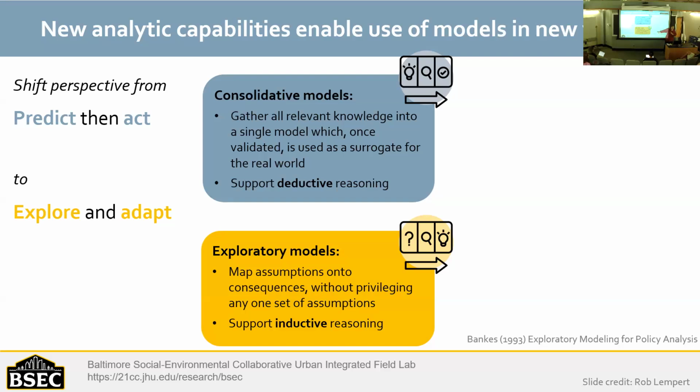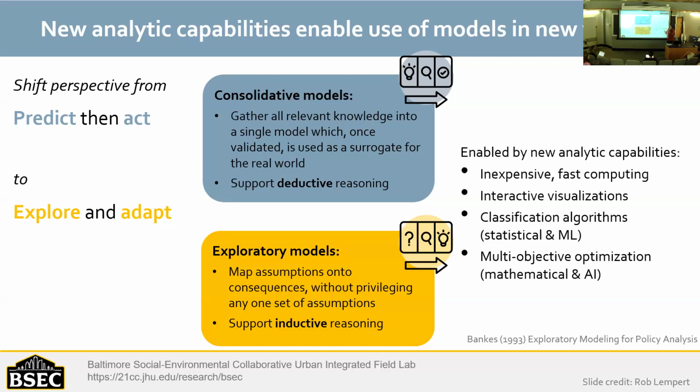But in this exploratory approach, we want to map assumptions to consequences and explore what happens. What if I change my assumptions? What are the new consequences that might be at play? And it's a form of inductive reasoning. It's more exploratory, to see patterns and discover what matters. But this is really enabled. We weren't able to do this sort of work 30 years ago because we were limited by our computational capacities.